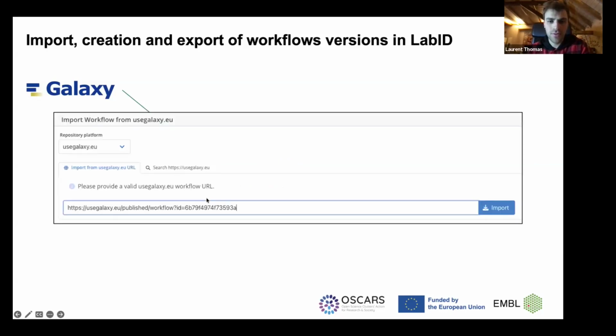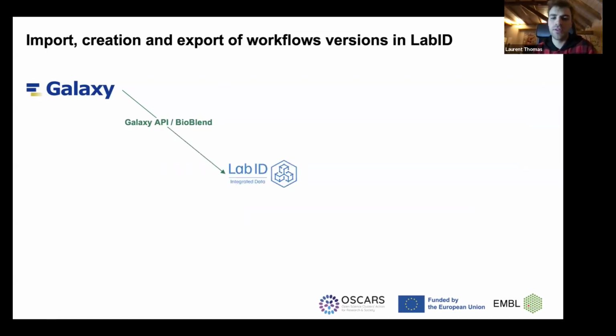The way it looks in the user interface is that users can directly copy-paste the URL to a public workflow, or they can, from the LabID interface, have a small search query and directly import from there. This is quite straightforward, and it's an illustration of how we can leverage an API from a workflow engine to integrate with LabID.